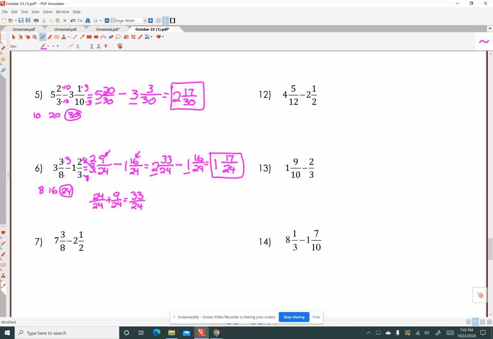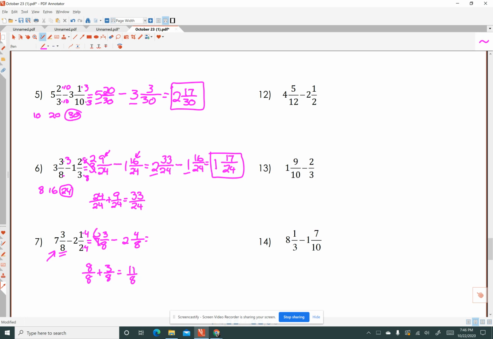So for number 7, we are dealing with 8ths and 1/2. Well, 8 is a multiple of 2, so our first fraction is not going to change. 7 and 3/8 minus 2. Now, 2 times 4 is 8. 1 times 4 is 4. But again, we're going to have to borrow because we're not going to subtract 4 from 3. So when we borrow one group of 8/8 from 7 and 3/8, 8/8 plus 3/8 equals 11/8.